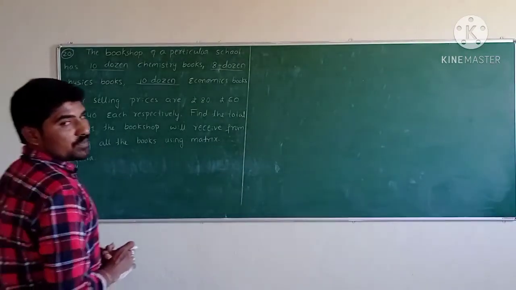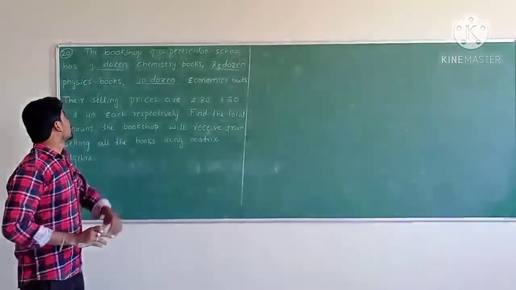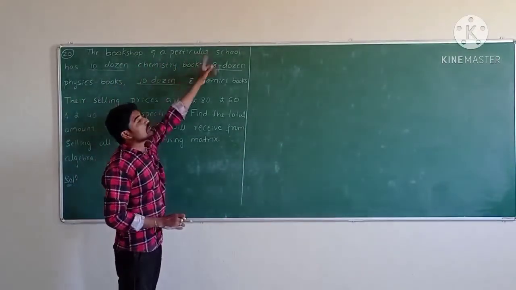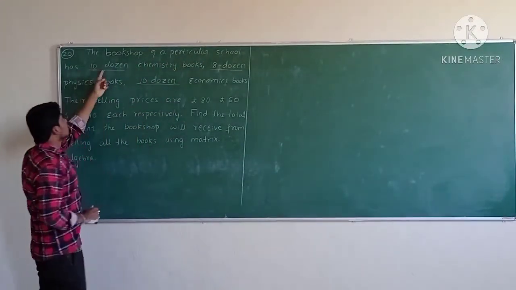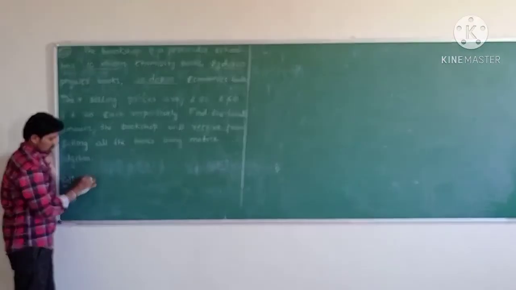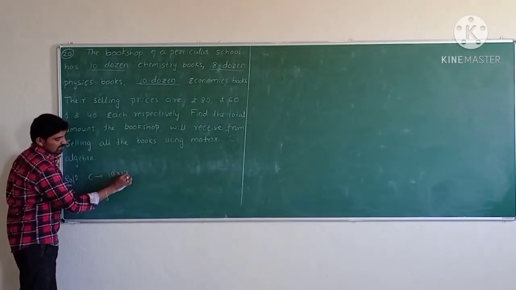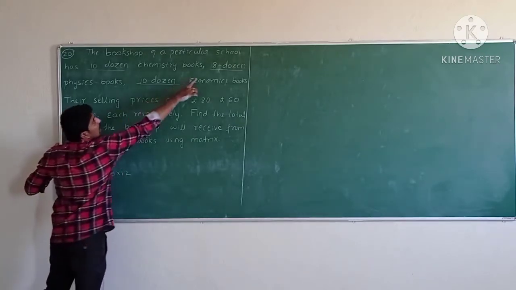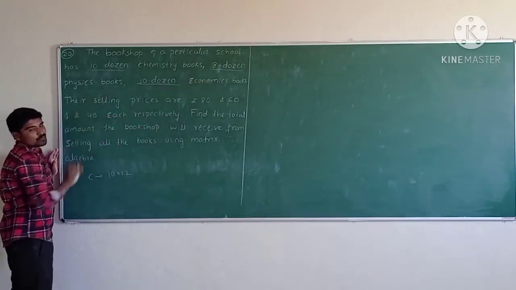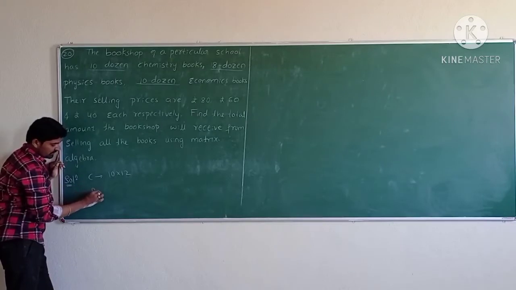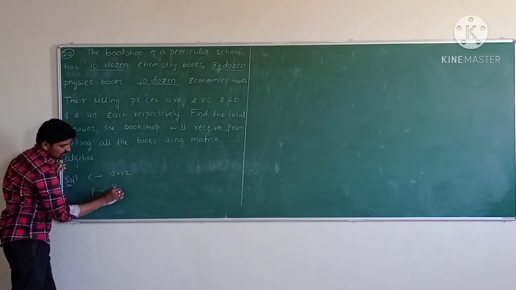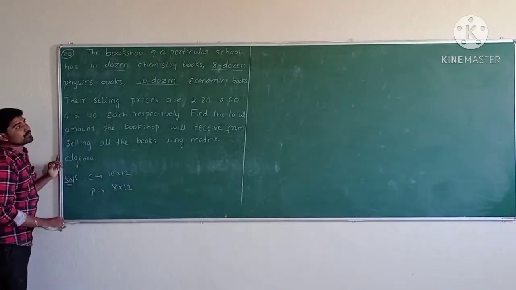So now question number 20. The bookshop of a particular school has 10 dozen chemistry books. So the number of chemistry books is 10 dozen, which means 10 into 12. And 8 dozen physics books: the number of physics books is 8 dozen, which means 8 into 12.